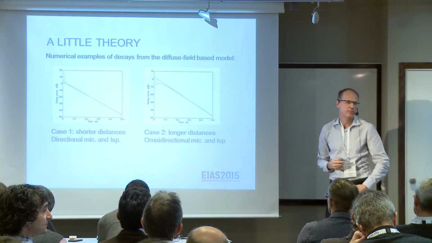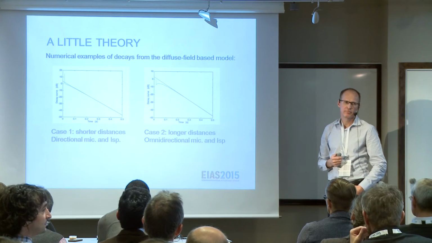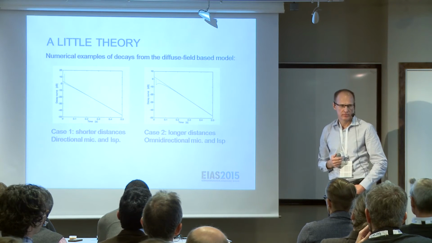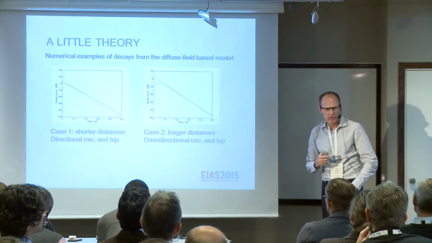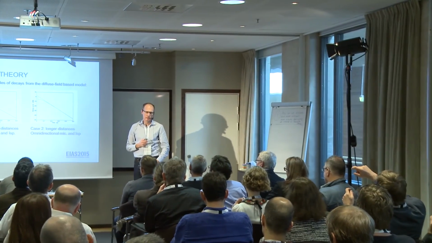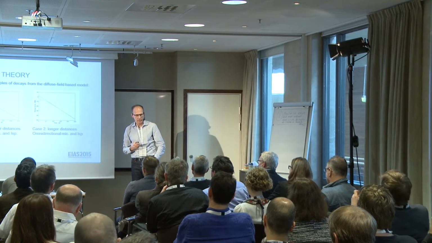Yes, but sorry, I misunderstood. When you're looking at the decay, you're looking at something which is happening much further down the decay than actually affects the speech clarity. Should we not really be looking at what's happening in the first 5 dB of the decay?